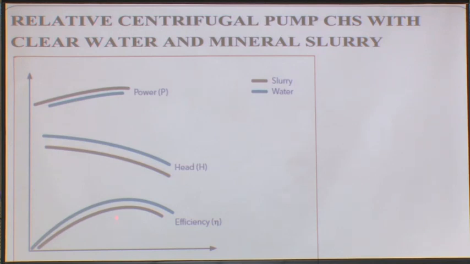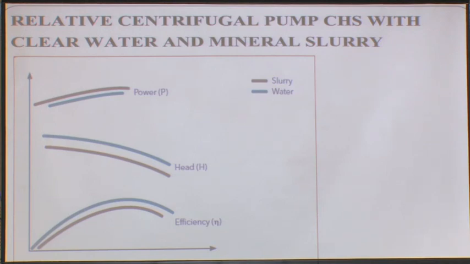Now let us see, against a particular speed, if I plot a particular Q, the head is less for the slurry compared to the water. Why? Because of the slip, because of the rheology of the slurry.